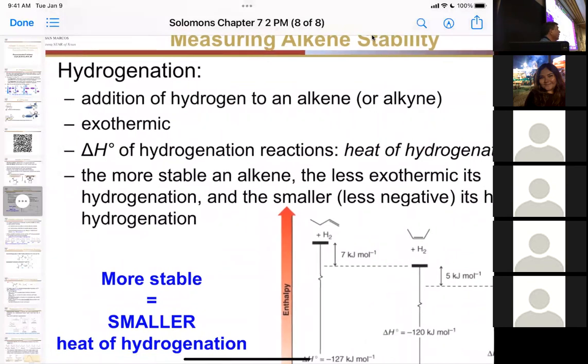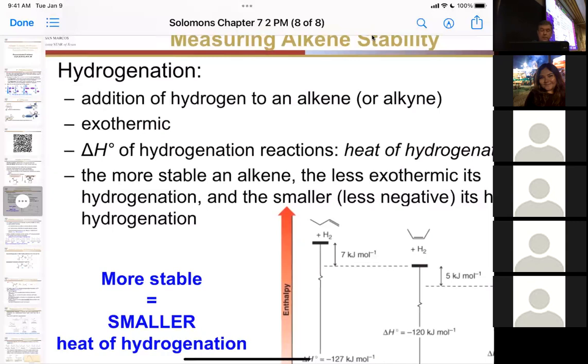We take our alkene, hydrogenate it, and see how much heat is given off. The more heat given off, the more energy it had stored, so the less stable it was. If it only gave off a little bit of heat, it was already pretty close to its stable form. So the less heat it gives off, the more stable it is.